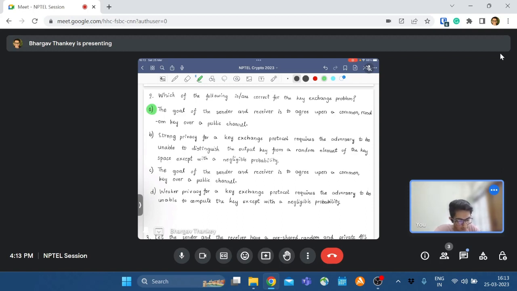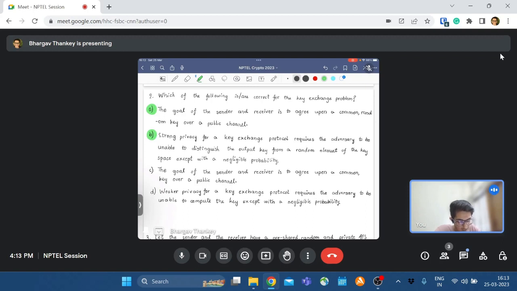Option B is strong privacy for a key exchange protocol requires the adversary to be unable to distinguish the output key from a random element of the key space, except with a negligible probability. This is also true. This is exactly the definition of strong privacy or strong secrecy or strong security.